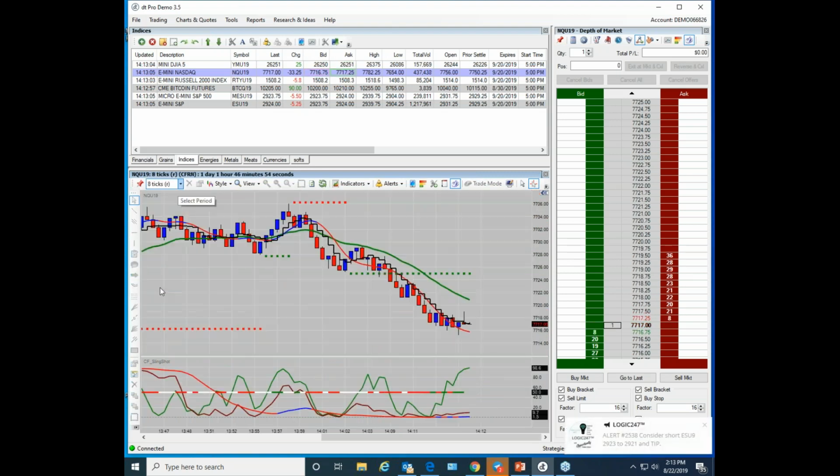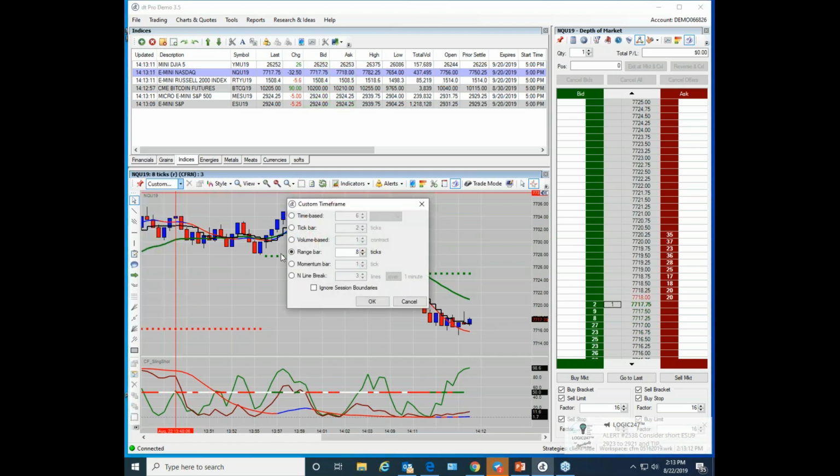How do you get it there? The drop down box, custom, range bar. Instead of 4, change it to 8. And then you're on your way.